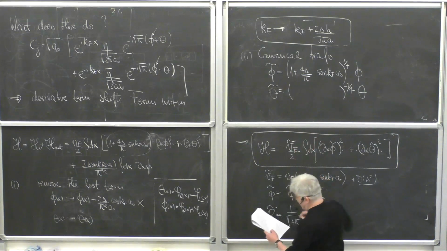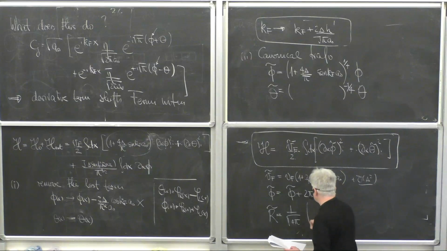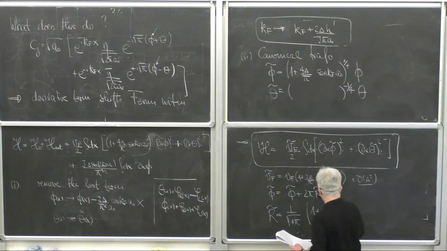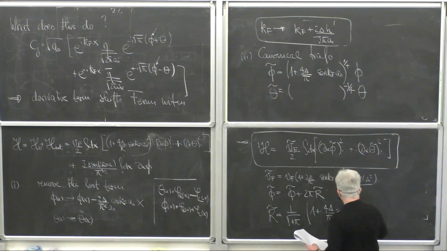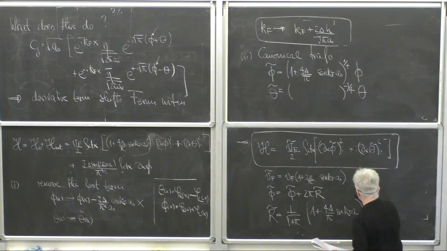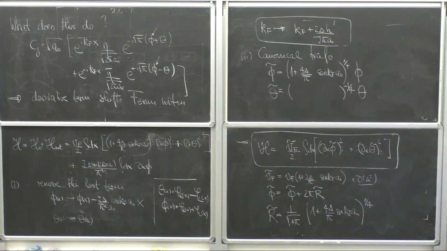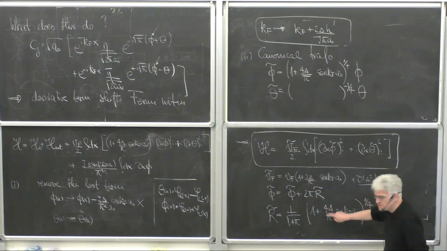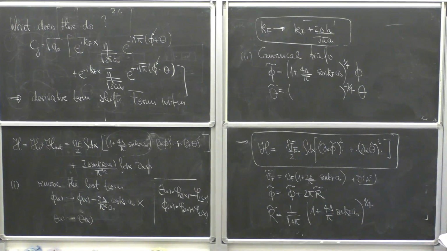Because of this rescaling, I get this extra factor, 1 plus 4 delta over pi sine kf a naught to the quarter. And if I wanted to keep it just to the first order in delta, I would rub this out and erase the 1/4.